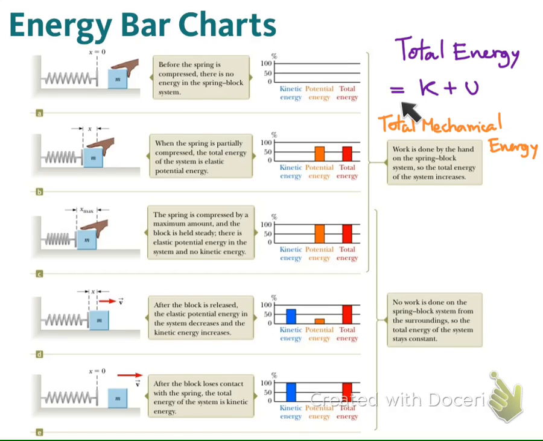There is no kinetic energy when you move the object very slowly. And the total energy will reach its maximum value when the potential energy reaches its maximum value here. After that, it does not change.